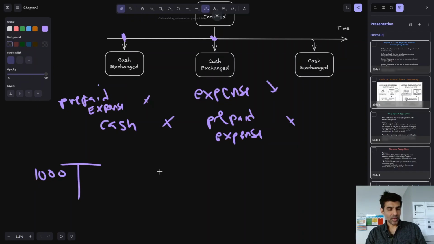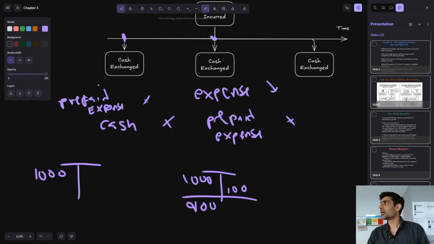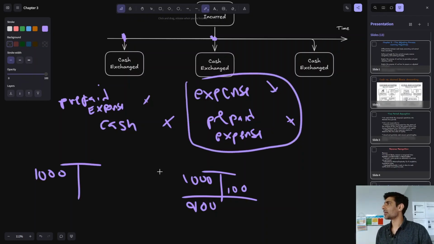Okay, so I will credit this account $100 at this time. So it was 1,000. It's getting a credit for 100. That means I still have a balance of 900. So I still have this asset for future use, but at this time when I've incurred the expense, I'm reducing it.